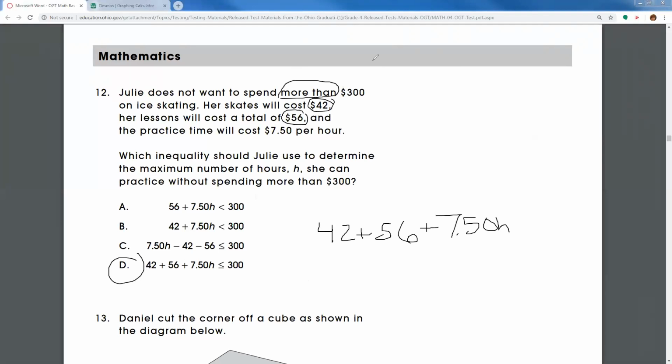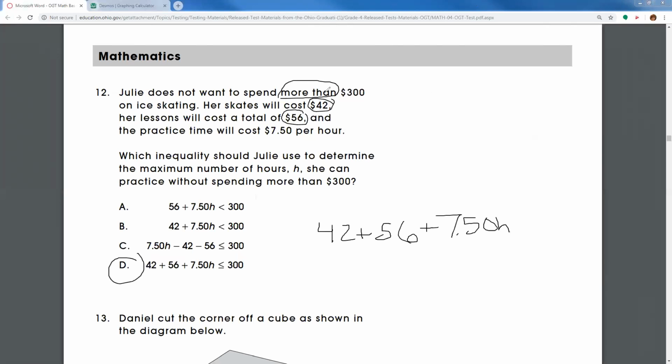So the more than, just to talk about it though, if you don't want to spend more than an amount, that means you want to spend either exactly that amount. I could spend exactly $300 and I'm okay because I didn't spend more than 300. Or I want to spend less. If I can get it for 200, why would I want to spend 300?